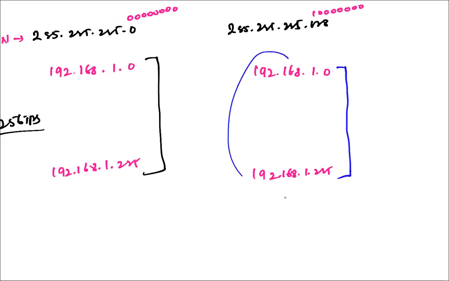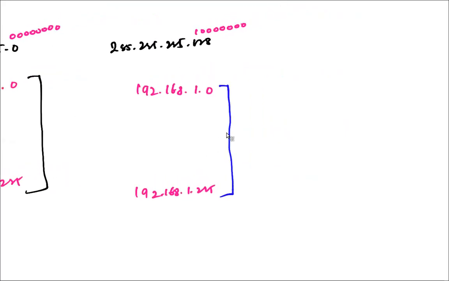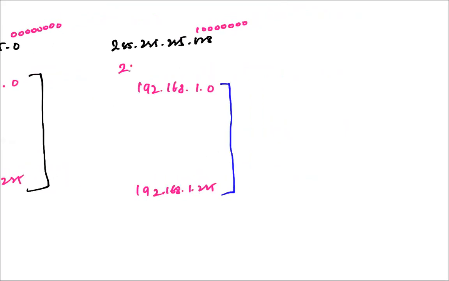This is one network, but we're going to divide it into two, so let me draw a simple line here. How many IPs do we have in total? 256 IPs, if it is one network. Now, if I divide them into two, how many are we going to have here?